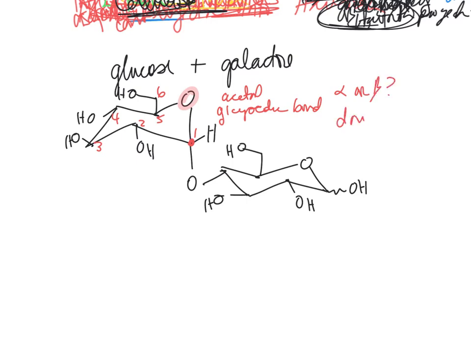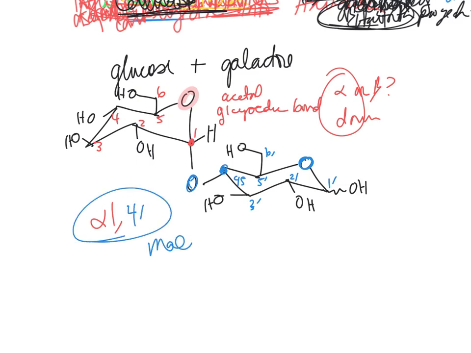Okay, it's down, so it's alpha. So that's an alpha 1, and then it's linked here. We find our oxygen in the ring, and then we count 1 prime, 2 prime, 3 prime, 4 prime, 5 prime, 6 prime, and we see that's a 1,4 prime. Okay, and this is in maltose.